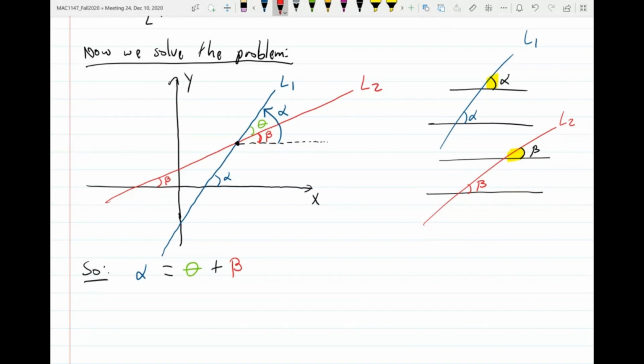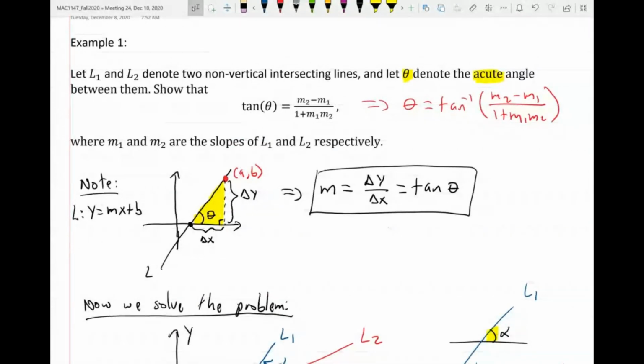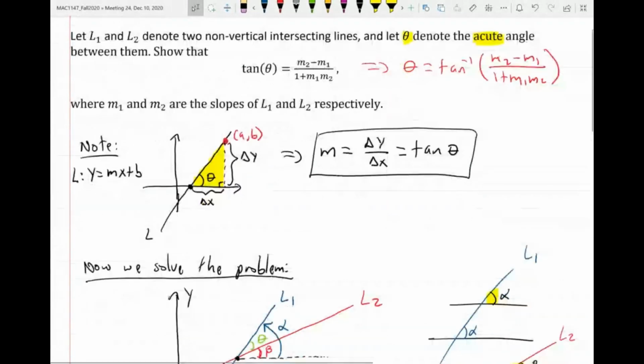Okay, so questions. Do you understand this? That alpha is theta plus beta? Does everybody see this relationship? Now of course we are interested in theta, because theta is the acute angle, and the question is about what we can say about tangent of theta.